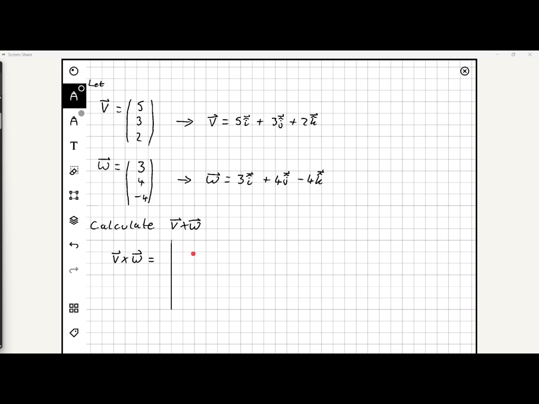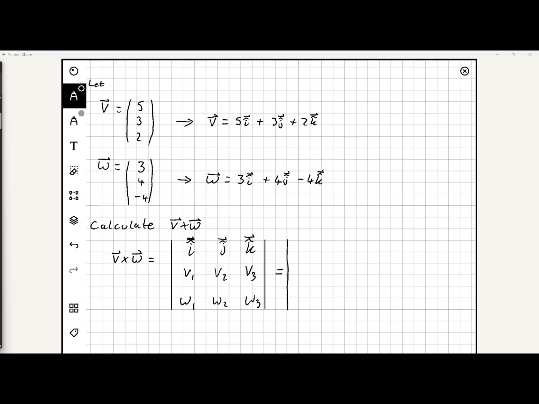Okay, now remembering how to calculate V cross W, we use the matrix version where we stick i, j and k in the top row, and then we write V1, V2 and V3, and then W1, W2, W3, with the determinant of all of that.